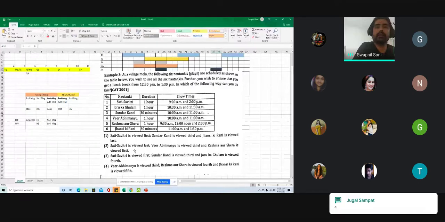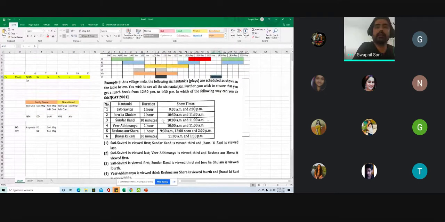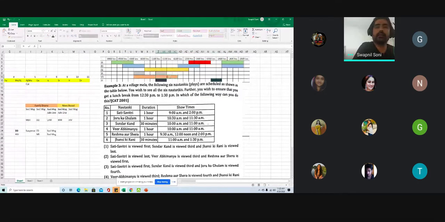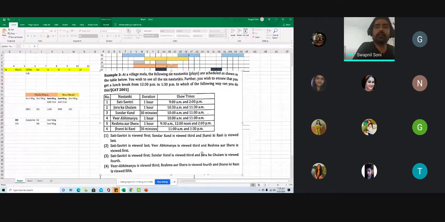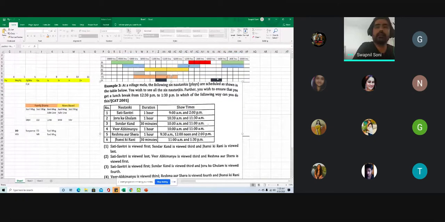Veer Abhimanyu is third, Reshma Shira is viewed fourth, and Jhansi Ki Rani is viewed fifth. This is the last show.